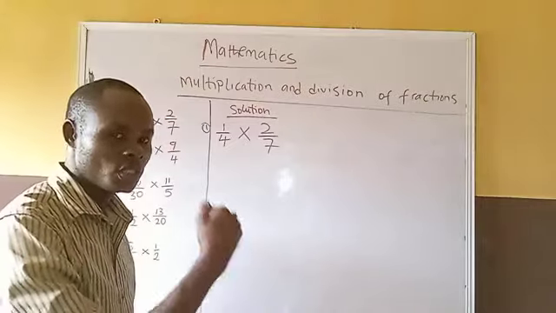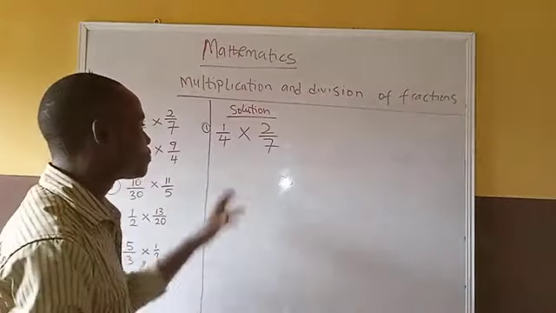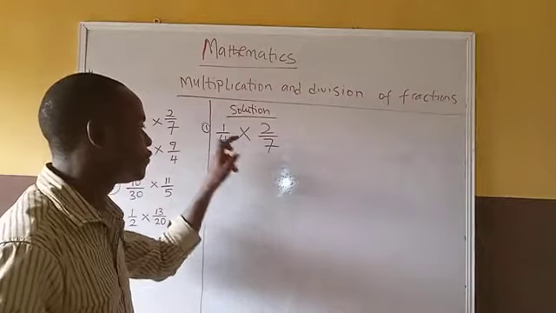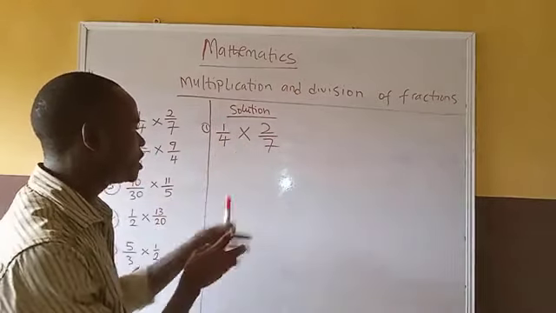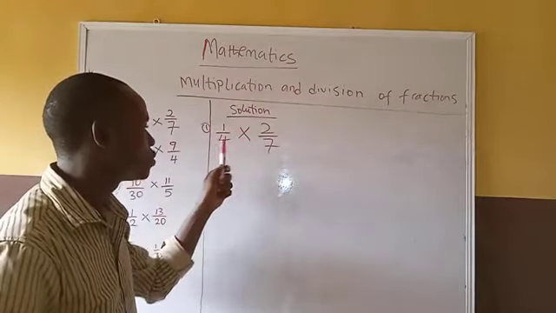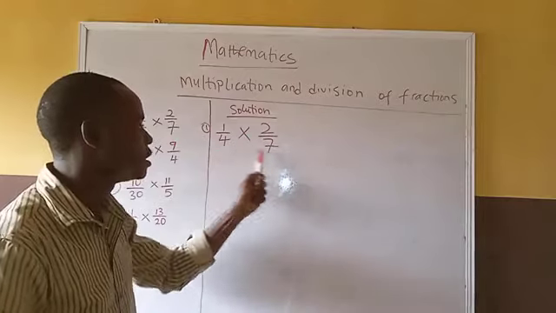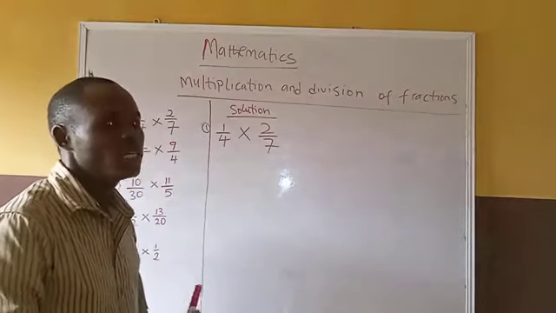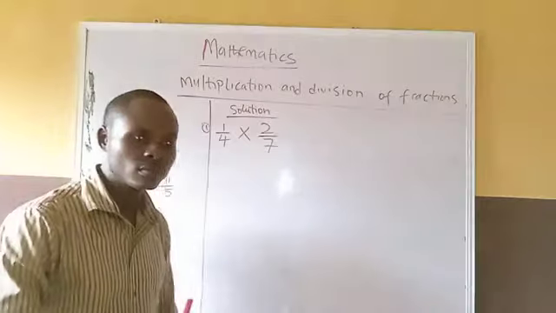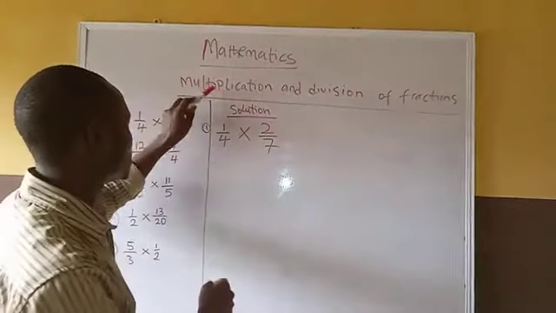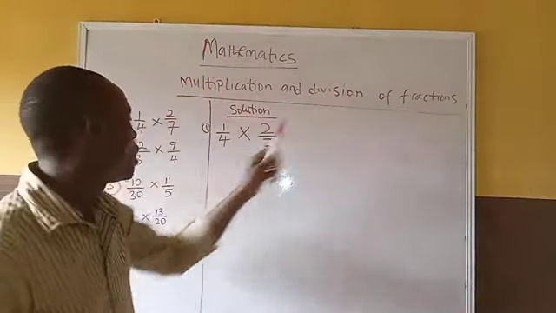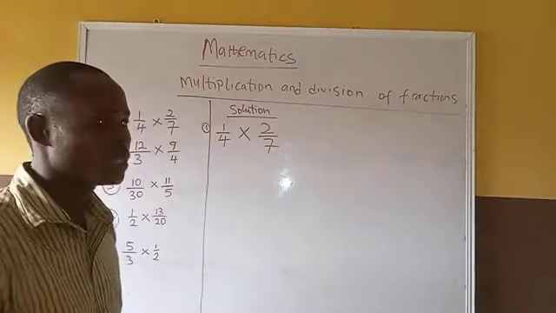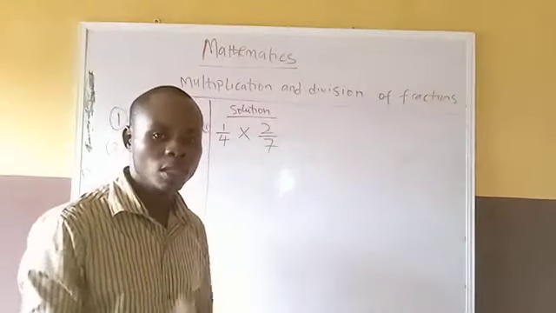If it is plus or minus, you look for the LCM of these denominators. But we are considering multiplication first before division. All these questions on the board are problems on multiplication.